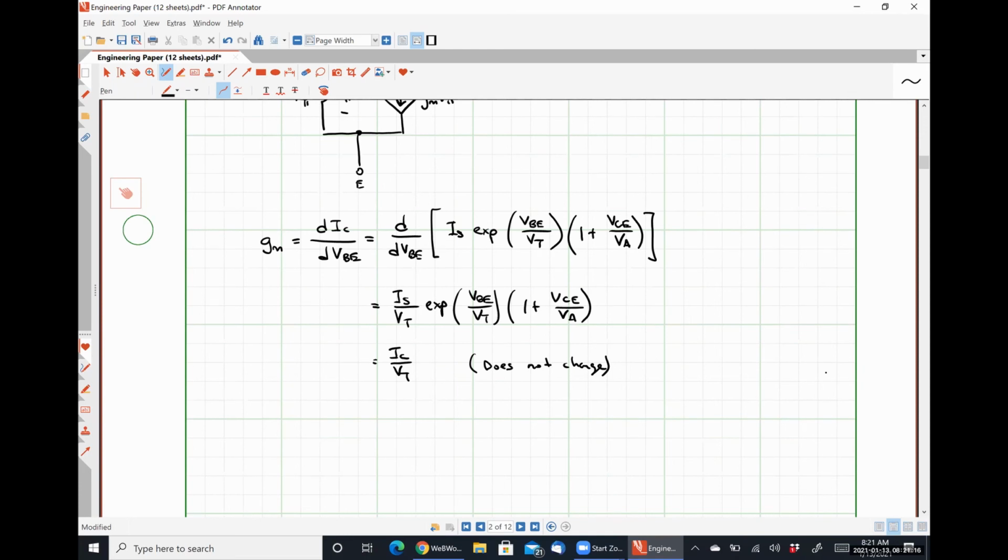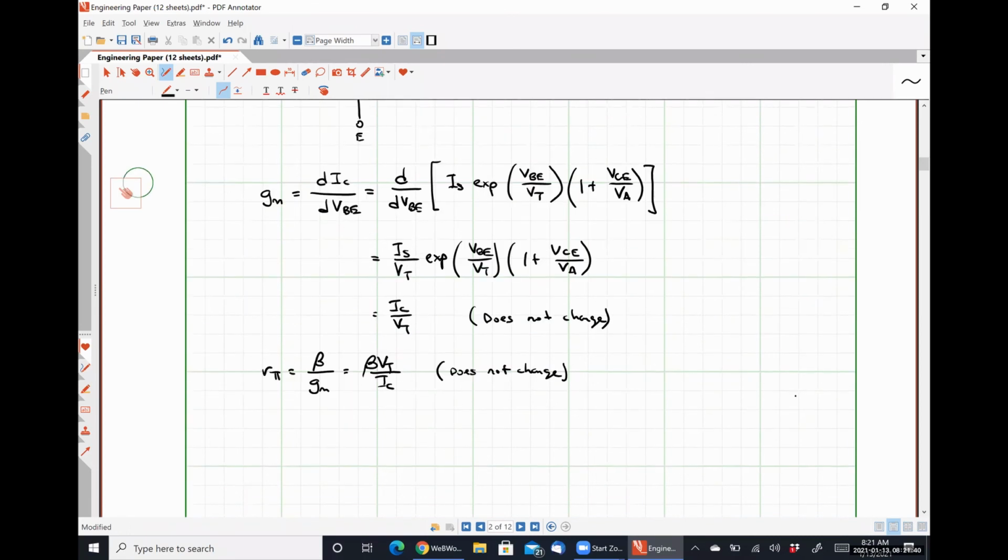If we look at our resistance R pi, that was defined to be beta over the transconductance, which is then just going to be beta VT over IC. So this guy also does not change. But we need to account for the fact that the collector current changes with VCE.